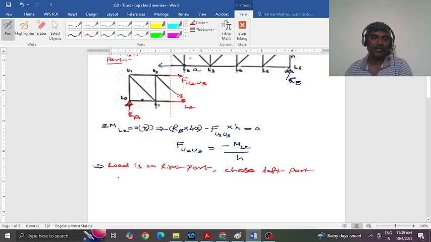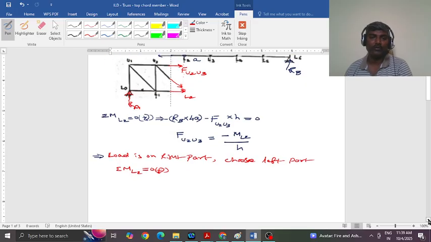Now write the sum of moments about L2 is equal to 0 again, because I want only this force, I don't want these two forces. You may choose clockwise positive or anti-clockwise positive. Taking moments about this point will make these two forces' moments 0, and Ra multiplied by the distance, which is 2a, this is a and a, so Ra multiplied by 2a.